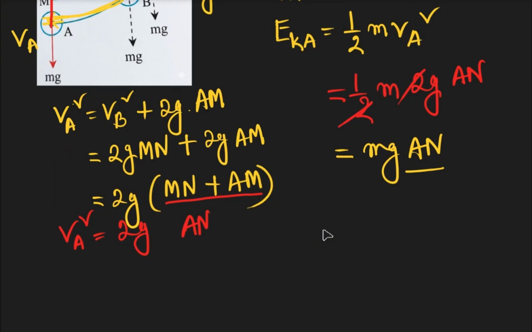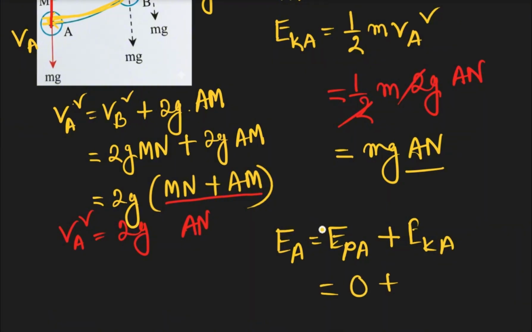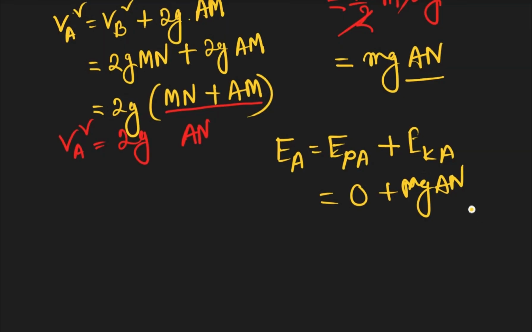By the way, for point A, what can we write? EA is equal to potential energy at A plus kinetic energy at A. So this is 0 and this is mg AN. So EA equals mg AN.